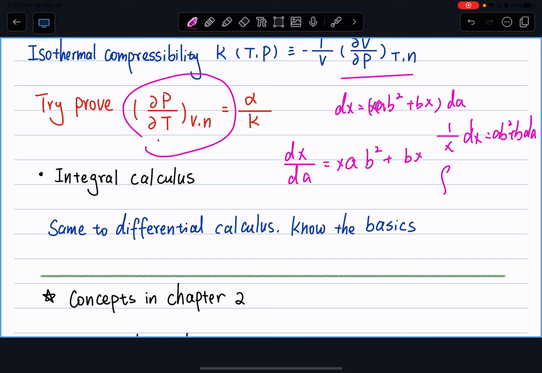And then you take the integral. You get dx over x equals ab squared plus b dA, and you take the integral to get an idea about what that looks like. That's just one of the very basic strategies of integral calculus: you move the terms x with x, a with a.